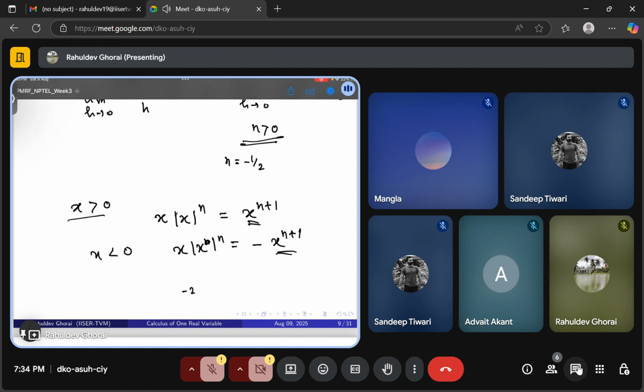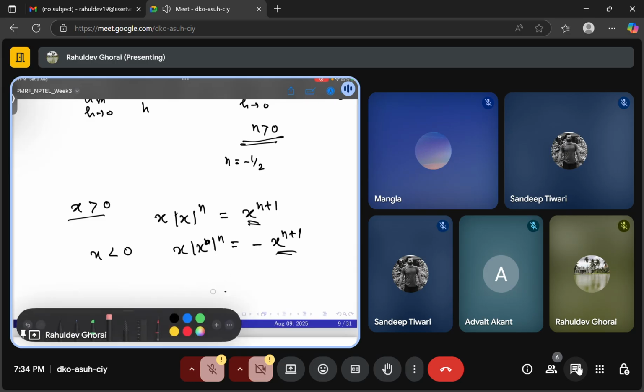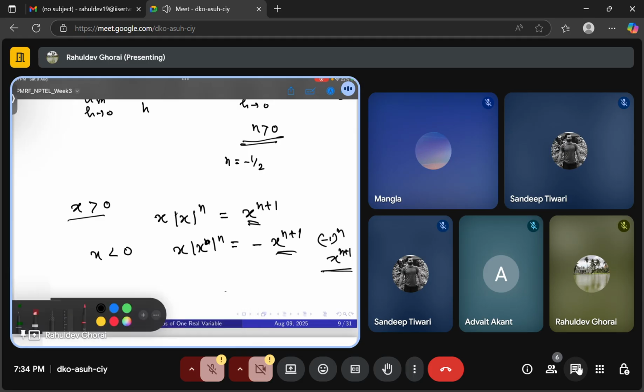So this one, minus 2 times, let's say minus 2 to the power 3, so you will be getting plus. It depends on minus 1 to the power n, but that does not matter. Differentiability will be okay. So this will be minus 1 to the power n times x to the power n plus 1. That you check for different n. Whatever it is, that will be differentiable.